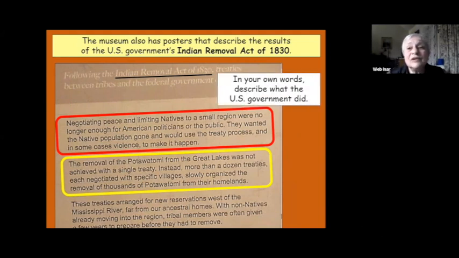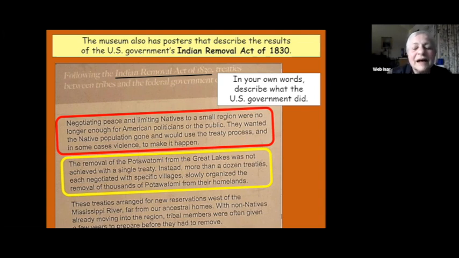And this is one of those things, not just a map, that students should put into their own words. How would students rephrase: the removal of the Potawatomi from the Great Lakes was not achieved with a single treaty. There were a dozen treaties negotiated with specific villages, slowly organizing the removal of thousands of Potawatomi from their homelands. It's a bracing story.